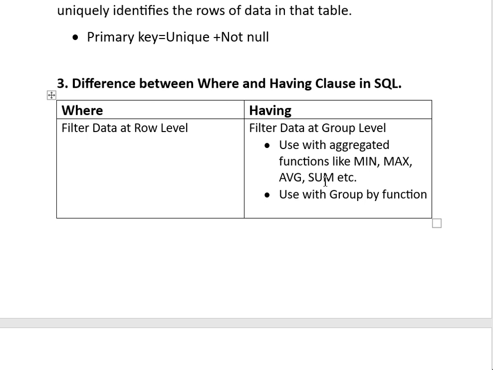It's mandatory to use GROUP BY when we use HAVING, otherwise it will not work. So keep in mind that when we use HAVING, there must be a GROUP BY in the query. This is the difference between the WHERE and HAVING clause.